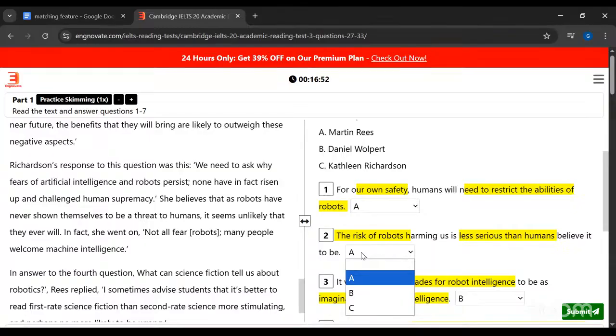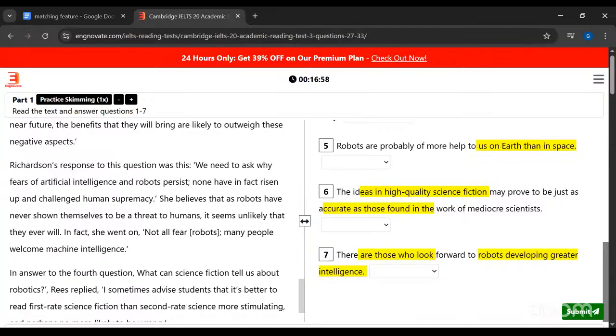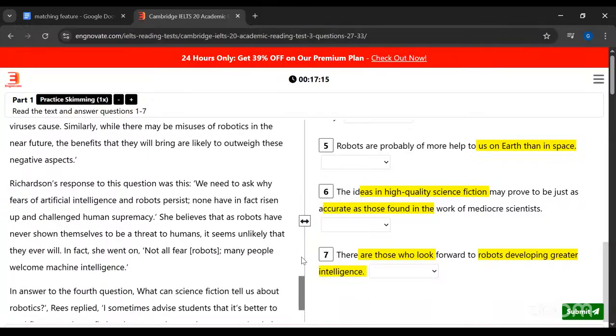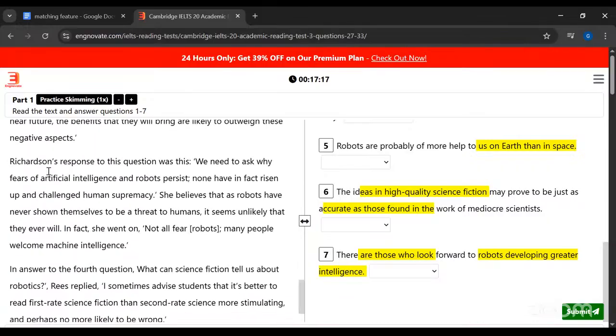Can you show the statement number 7? There are those who look forward to robots developing greater intelligence, meaning future advancements. Yeah, this also goes with this Richardson response. Which paragraph are you referring to? So 7 or 8.